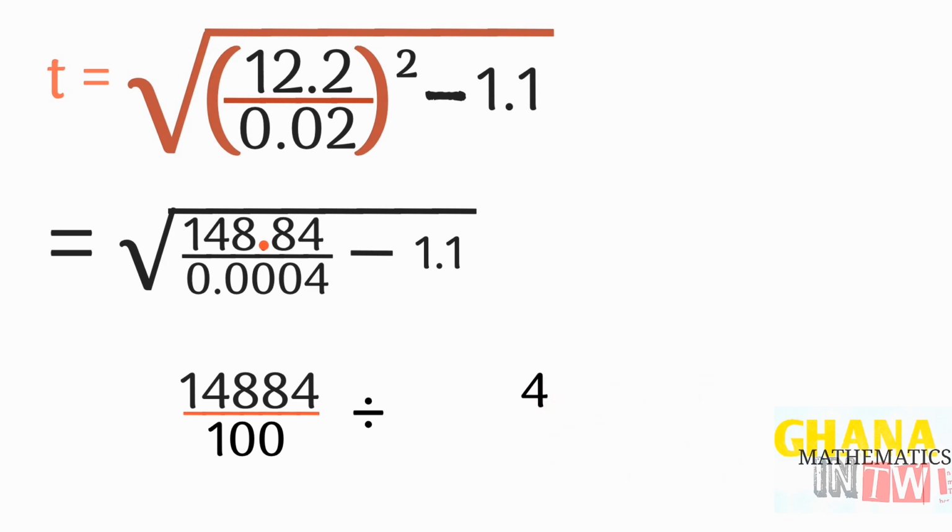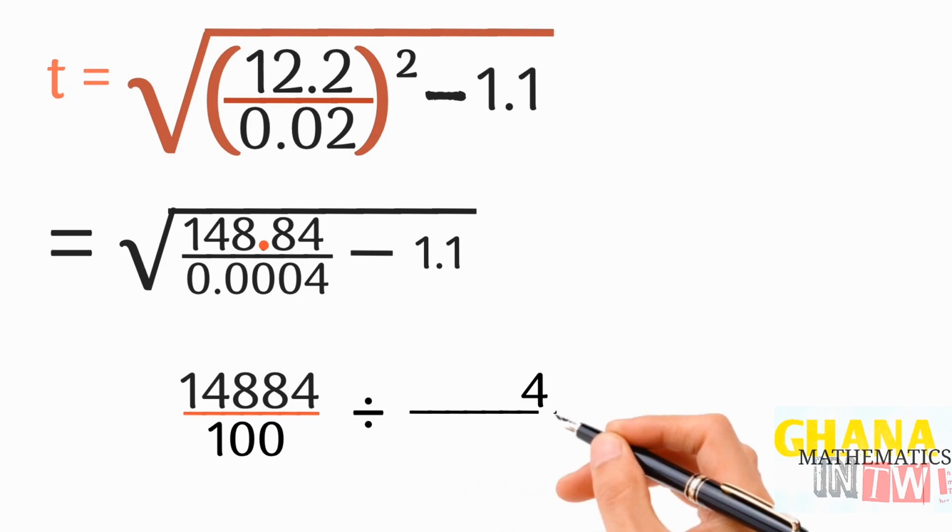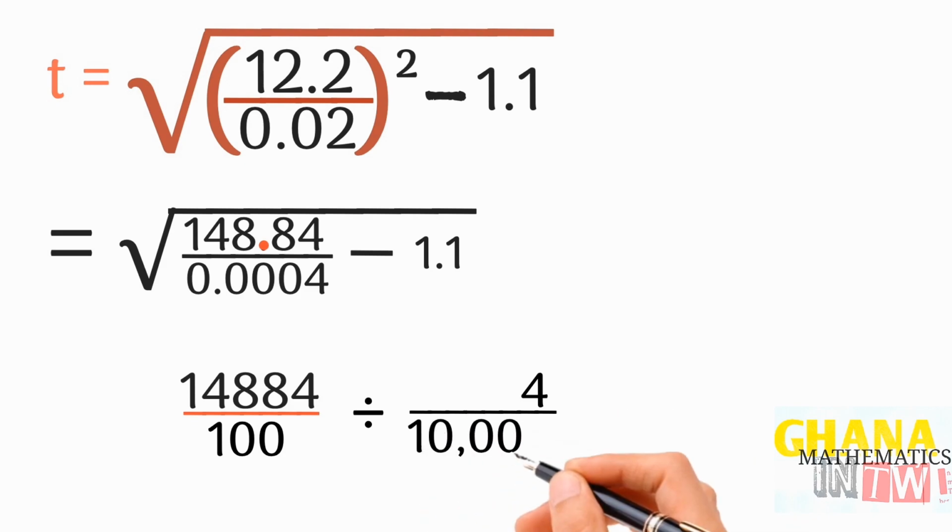Now, 0.0004 is the same as 4 over 10,000, because we have four decimal places. So we will count it the way they do it. It is 4 over 10,000. The division sign can be changed to multiplication.